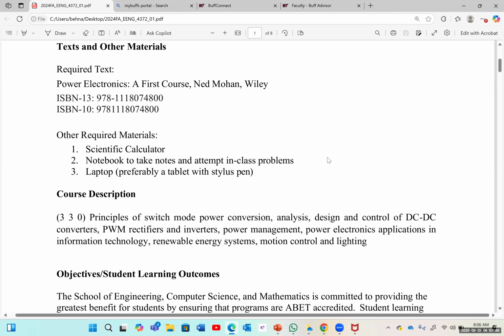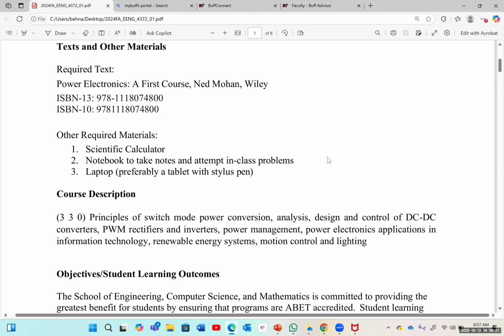Other required materials for the class are a scientific calculator, a notebook to take notes, and a laptop. In the course description, we will discuss the principles of switch mode power conversion and different types of converters: AC to DC, DC to DC, DC to AC, and so on.